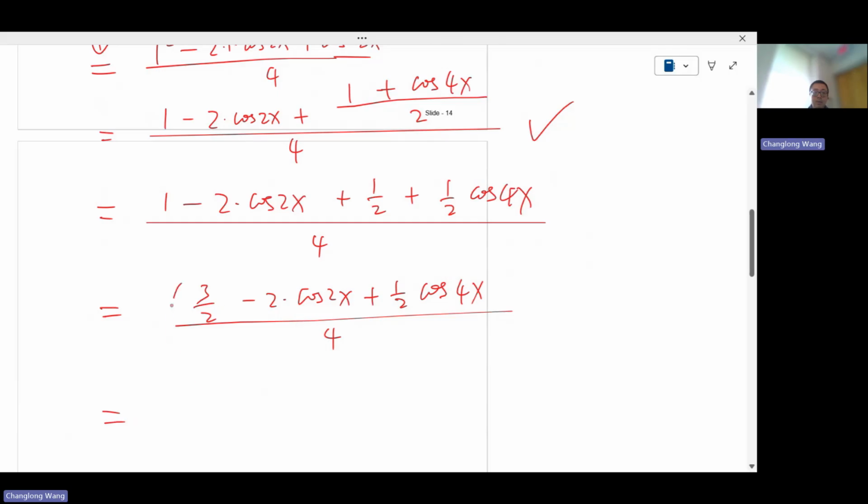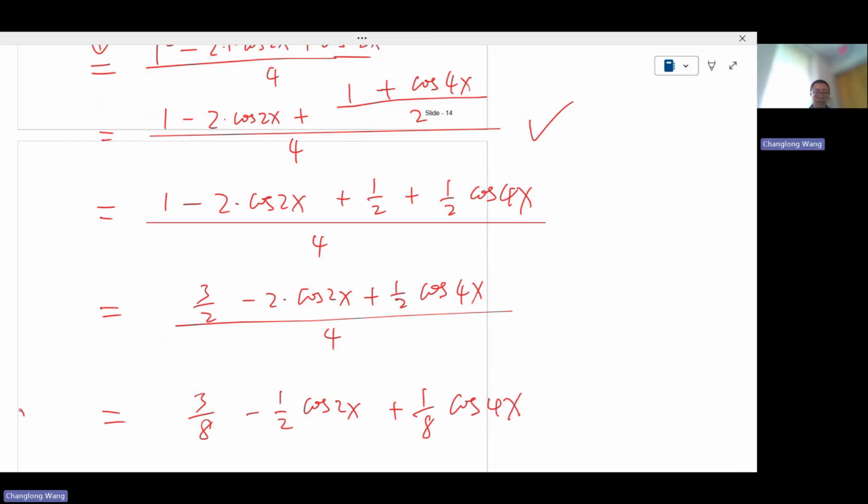The first guy is going to be 3/2 over 4. You do the keep, change, flip, you get 3/8. The second term will be minus 2 over 4. As the coefficient, that will be minus 1/2. And the last term will be 1/2 over 4, so you're going to get 1/8.